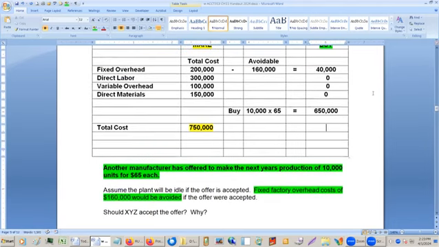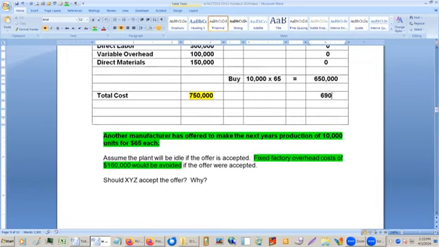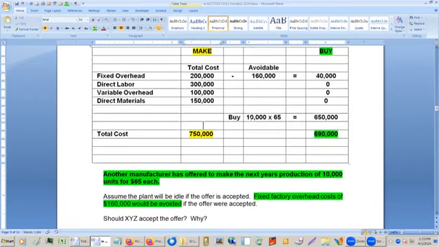And the total cost if we buy them is 690,000. Is that right? Yeah.